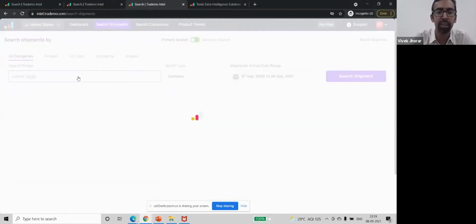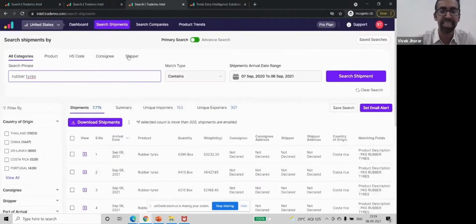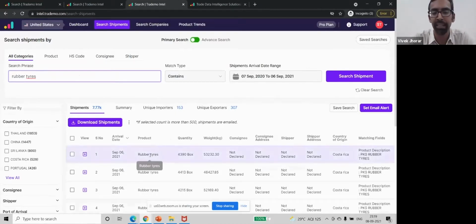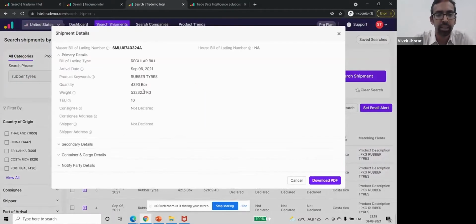If you are a bank, you can always come to the search shipments, see the different companies in rubber tires, and see the product trends of rubber tires to see how many shipments there are and what the average price of rubber tires is in general. But you can also choose a particular company. I do not really know anybody in rubber tires as such, but let's see, I'll pick a company from here.